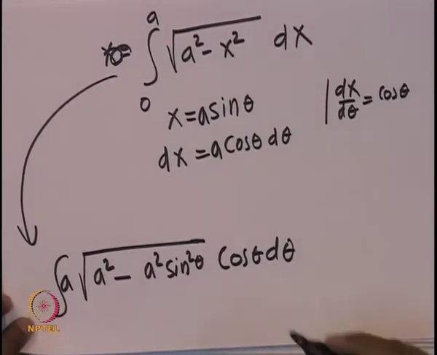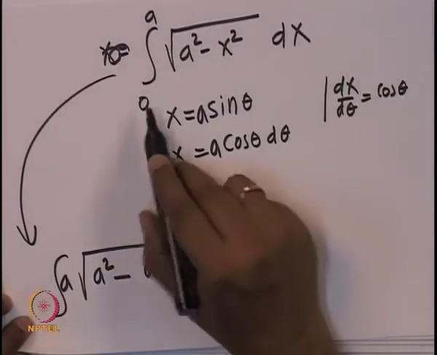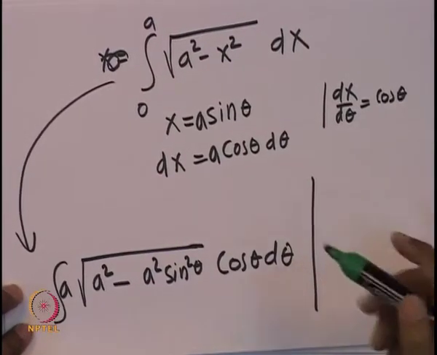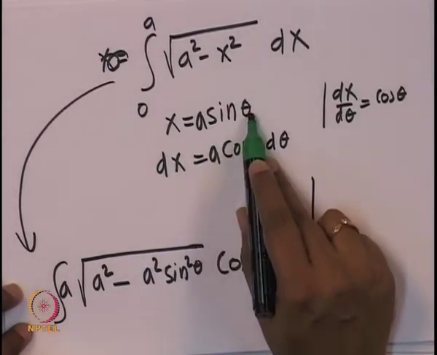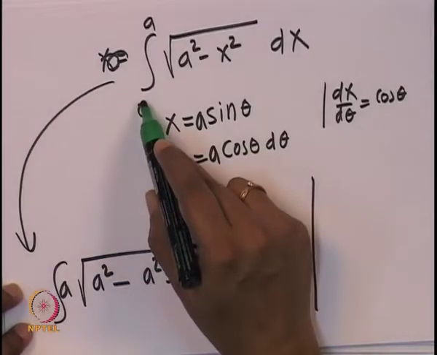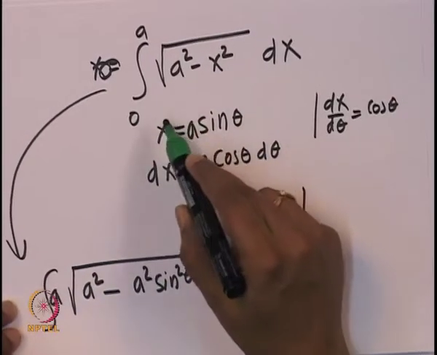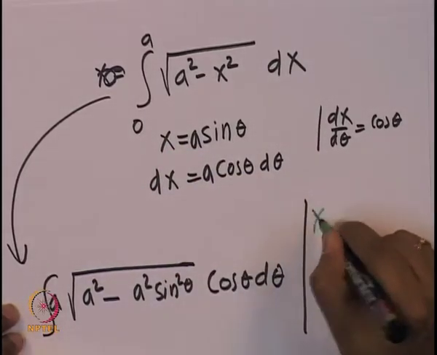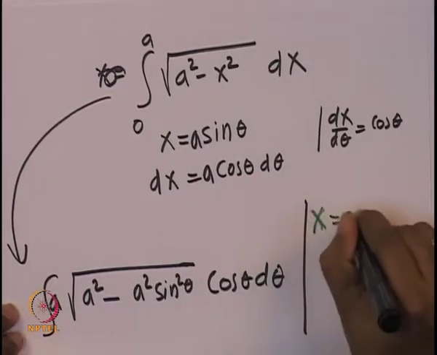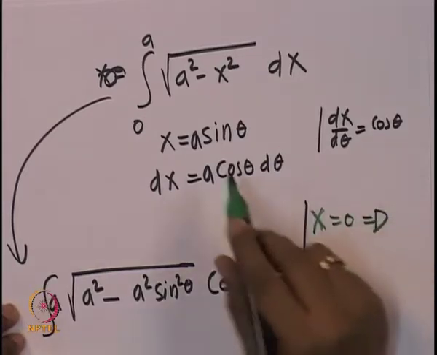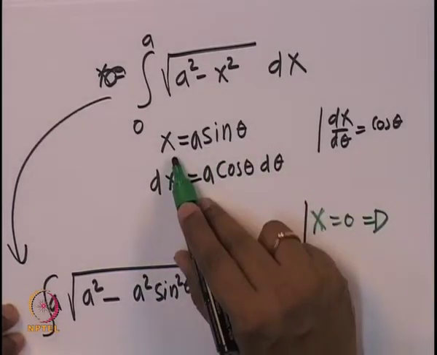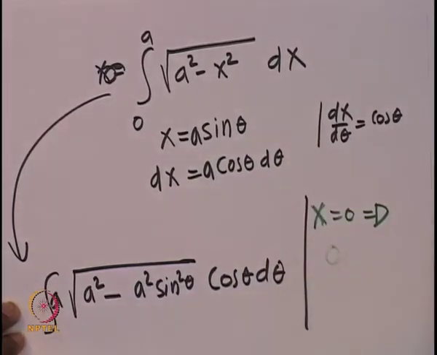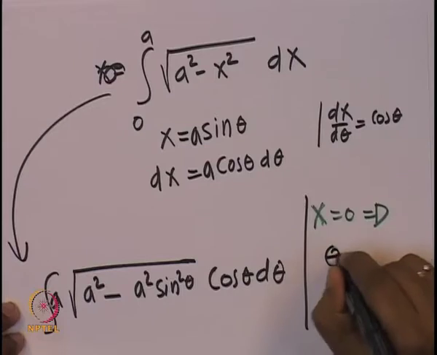Now we have to think of the limits. We have x is equal to a sin theta. When x is equal to 0, the lower limit, sin theta is equal to 0, so theta has to be 0.